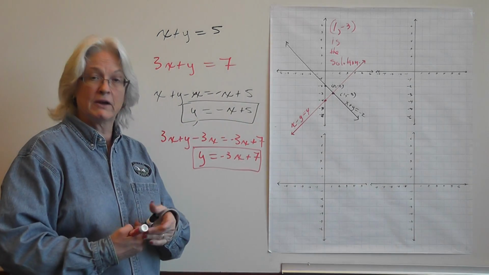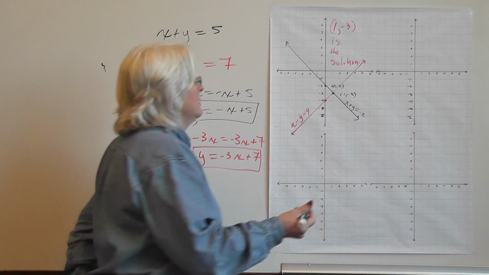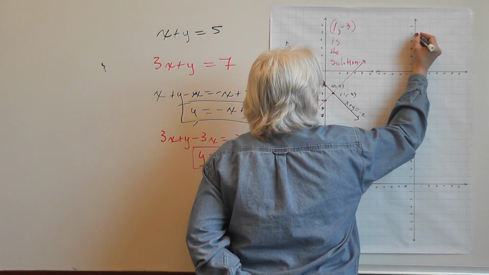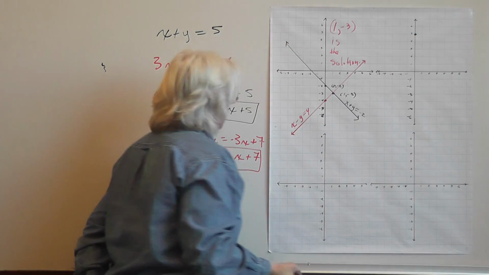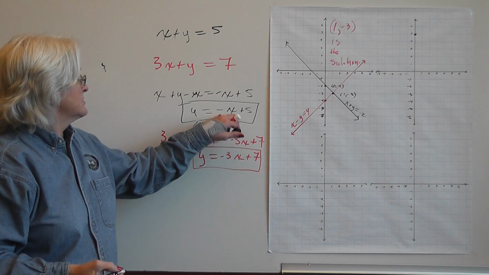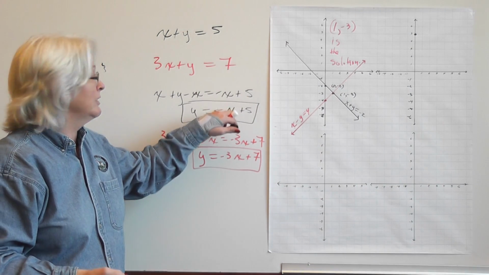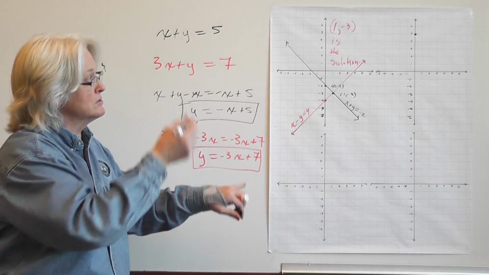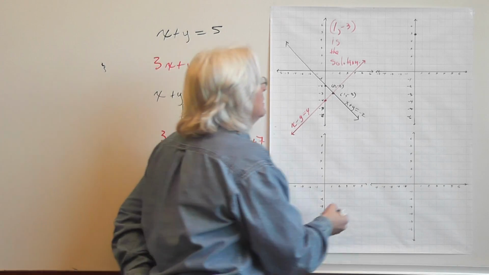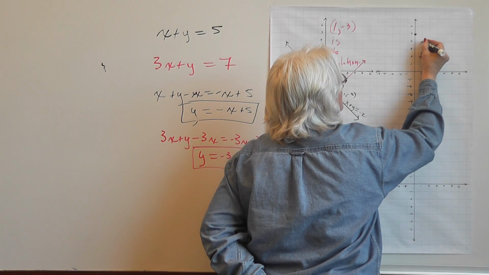y is equal to negative x plus 5. The y-intercept is the point 0, 5. The slope is a negative 1, so it's a gentle downhill slope. Down 1, over 1.